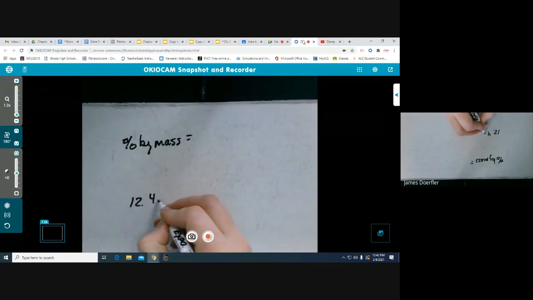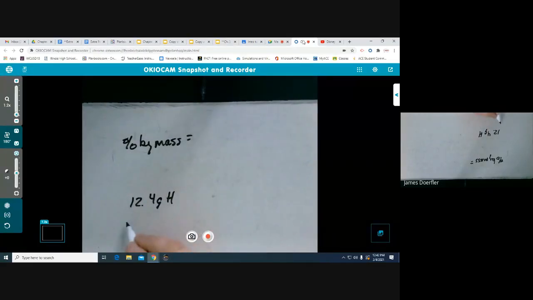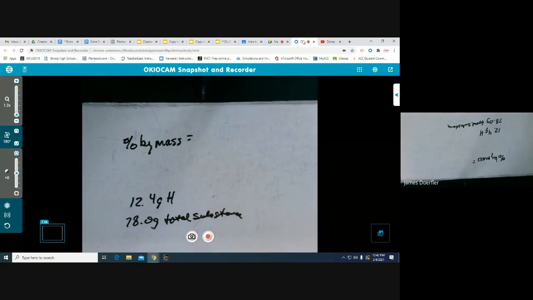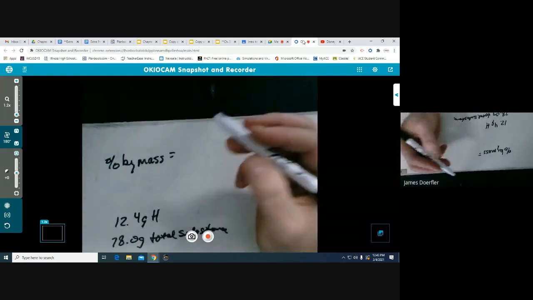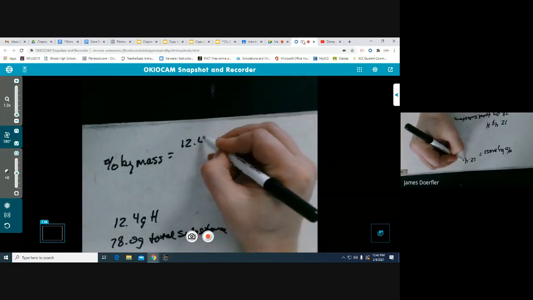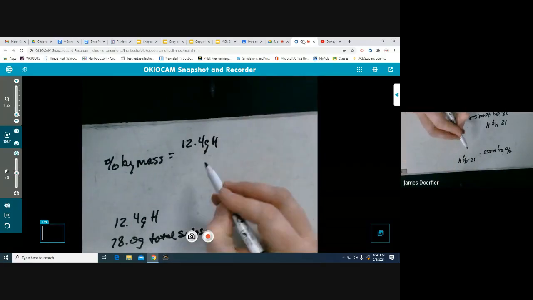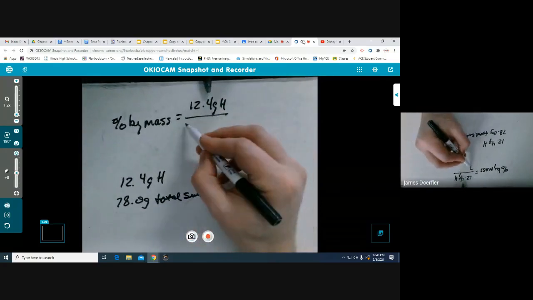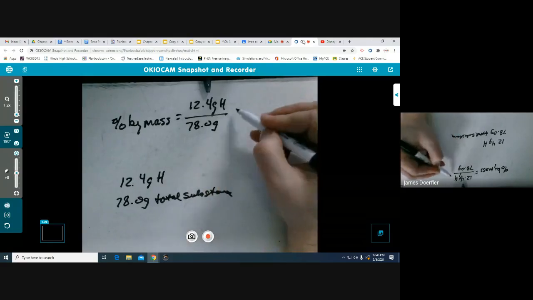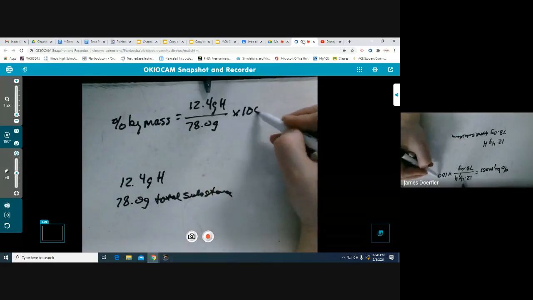So we got 12.4 grams of hydrogen, and we had 78.0 grams of total substance, right? And so what we simply have to do is take the 12.4 grams of hydrogen divided by the overall mass of the substance, 78.0, and then multiply by 100.